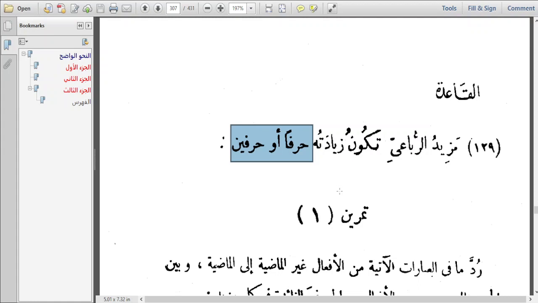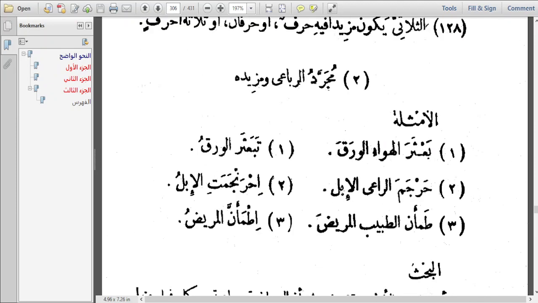So in definition, مزيد الرباعي is every verb that has 4 radical letters and 1 letter or 2 has been added to it. So مزيد الرباعي تكون زيادته, the additional letters are harfan, 1 letter, or harfain, 2 letters.